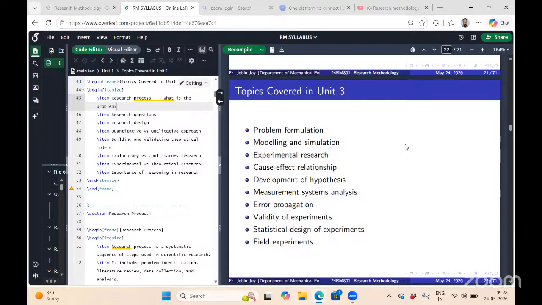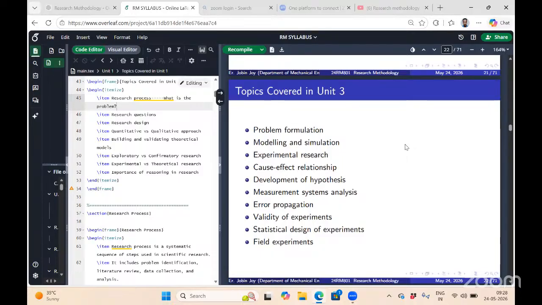Cause and effect relationship. That means if we have two variables, if I am changing one variable, how it will affect the another. For example, if we have an independent variable and we have a dependent variable, if I will change the independent variable, how it will affect the dependent variable. So cause means independent variable, effect represents the dependent variable. For example, heat causes metal expansion, right?